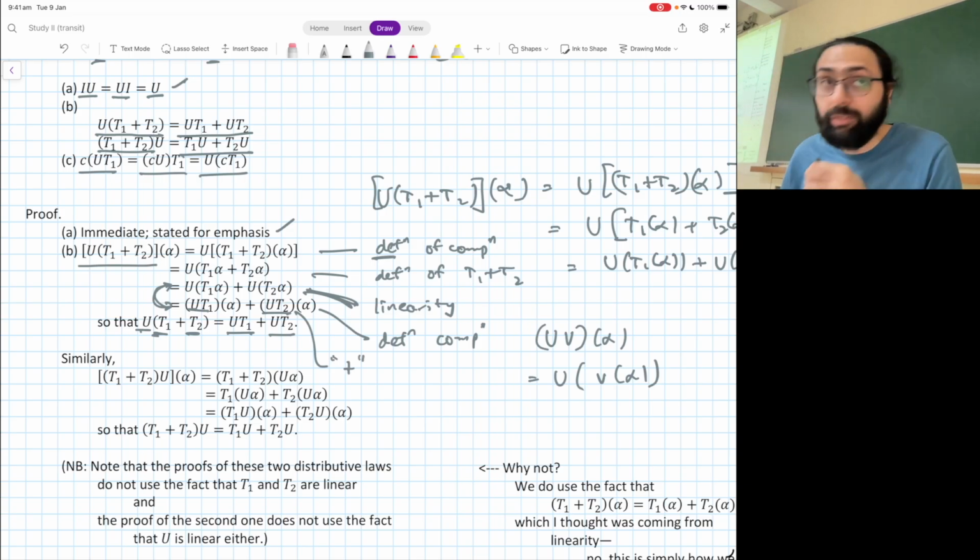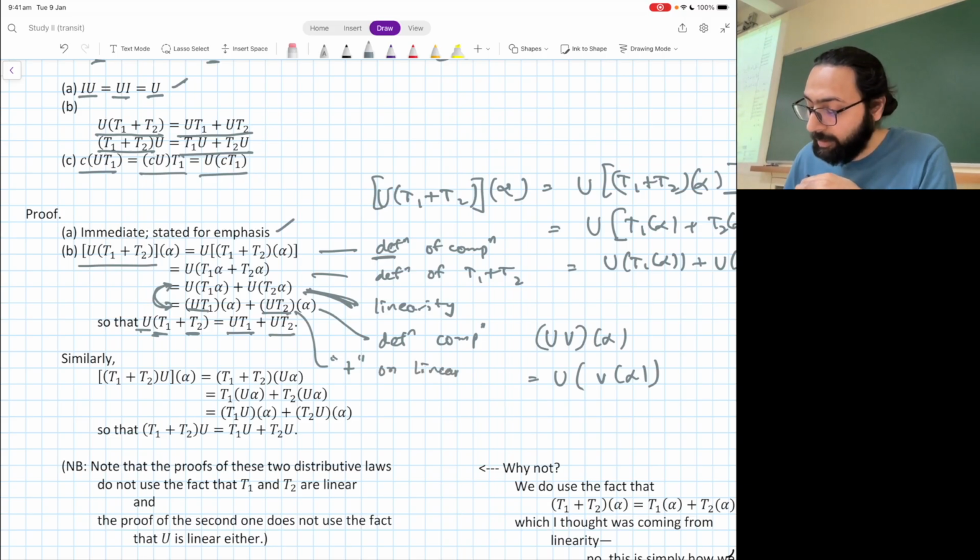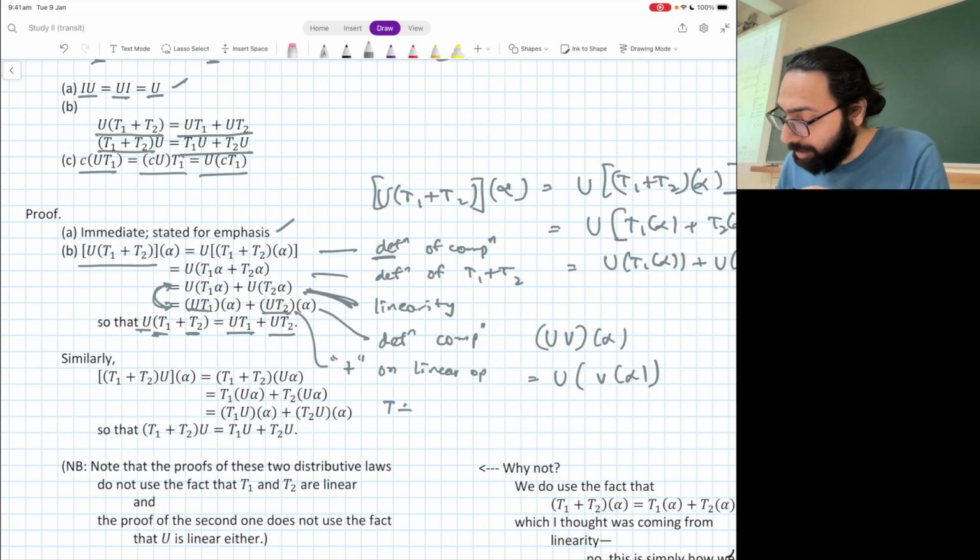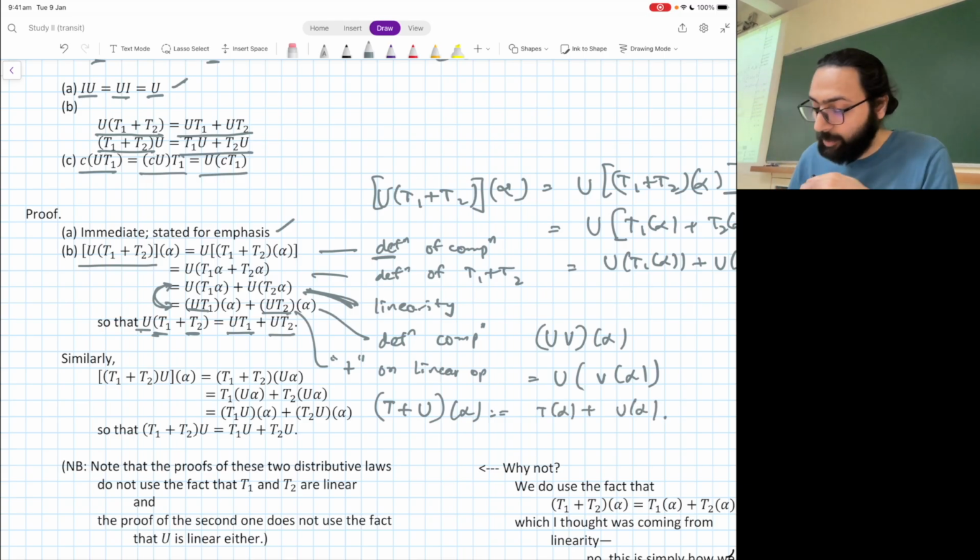We defined sum on linear operators. So we said that T plus U acting on alpha was defined to be T alpha plus U alpha. So we're using that definition again over here.